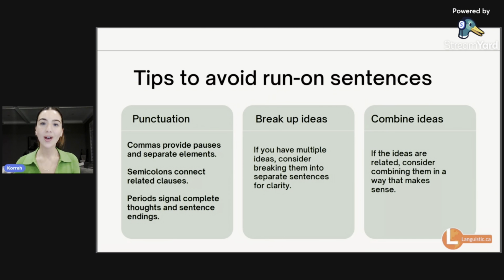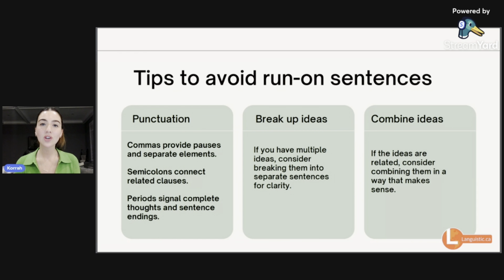On the other hand, we can break up ideas. If you have multiple ideas in the same sentence, consider breaking them up and making their own sentence about them. This will actually make your writing stronger and easier to follow. Finally, we have combine ideas, which is kind of contradicting what I just said about breaking up the ideas.